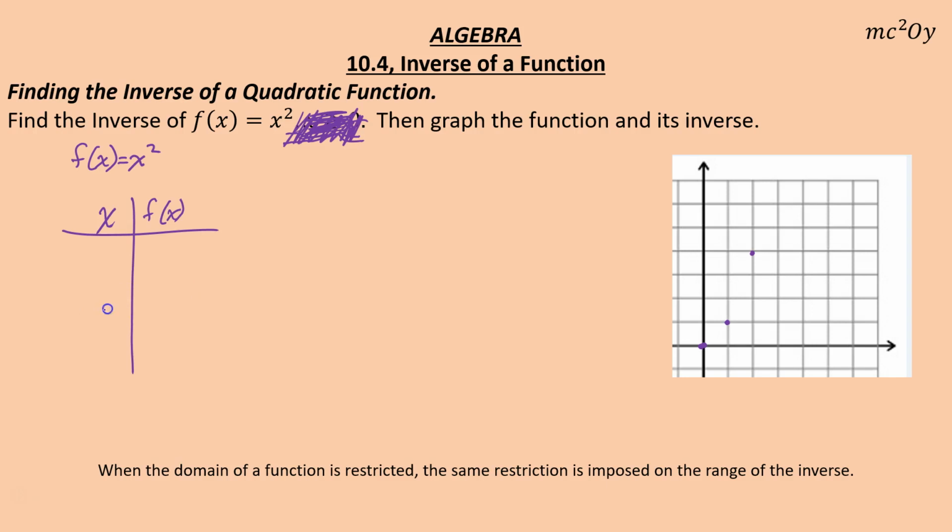So 0 squared is 0, 1 squared is 1, and 2 squared is 4. That's all I've done now. If you remember from graphing quadratics, you graph one side of a parabola, then you have the axis of symmetry, and you reflect these points and graph the other side, right?